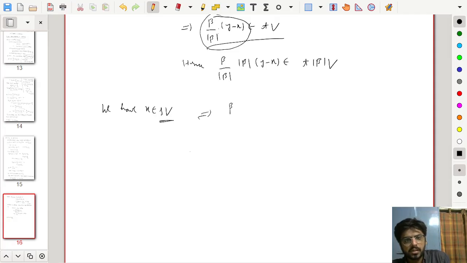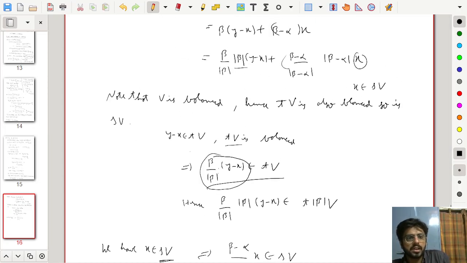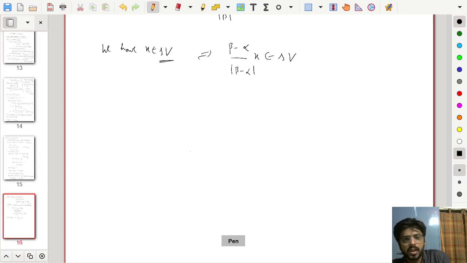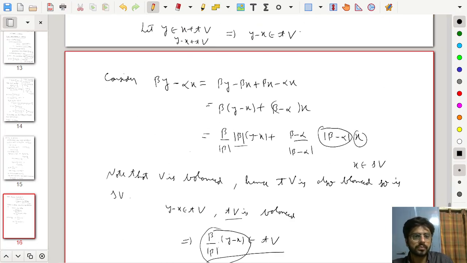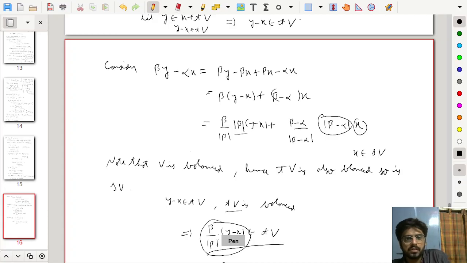This implies beta minus alpha by mod beta minus alpha times x also belongs to s times V, right? And we have an extra mod beta minus alpha, so hence beta minus alpha times x belongs to mod beta minus alpha times s V. So finally we have this, right?